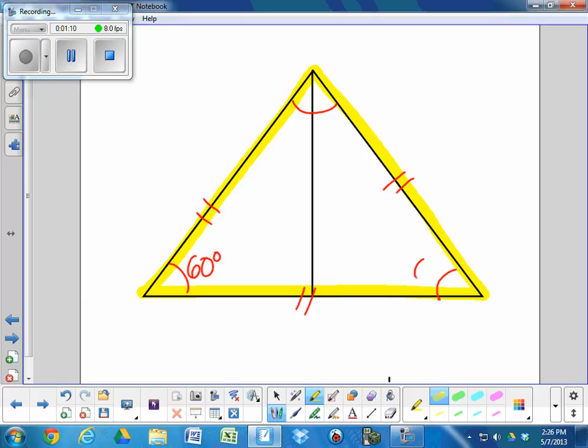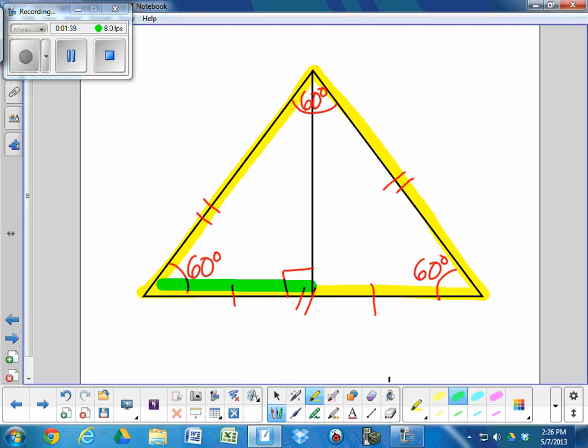60, 60, and 60. Now, what this picture has here is an altitude coming from the top angle down to the base. And that altitude is going to be what's called a perpendicular bisector. So it cuts that base in half. So whatever the yellow sides were equal to, what's true about the green side?